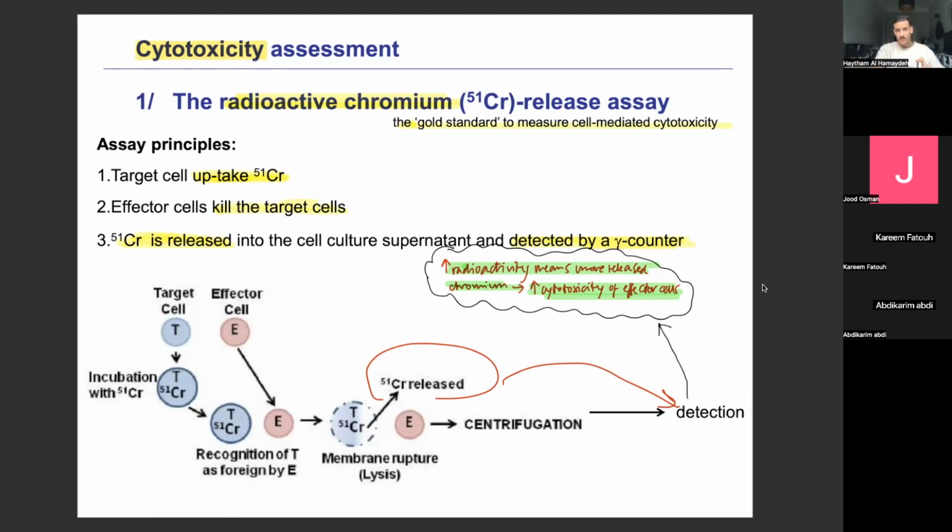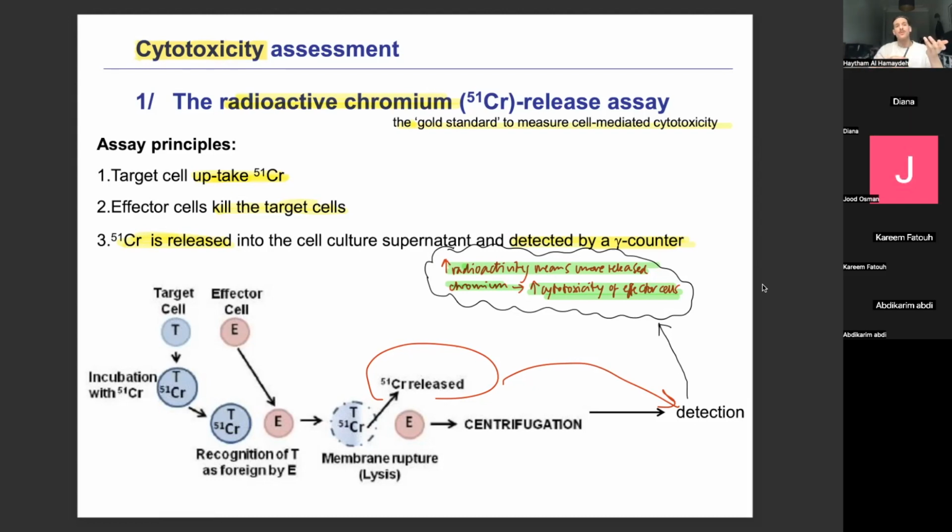Yo, I've got a question. You say when radioactivity increases, that's because the membrane is being ruptured and the substance is being released, right? Yes. But surely it would be radioactive anyways, even if it's inside the cell. So how would you know?